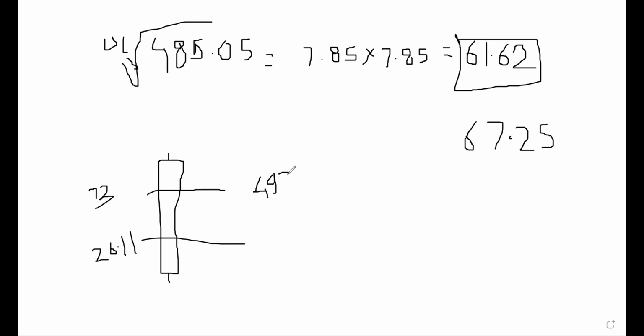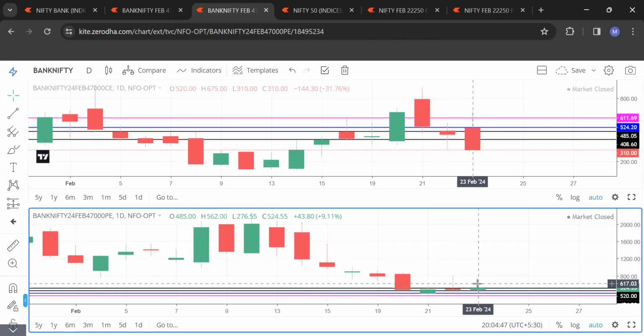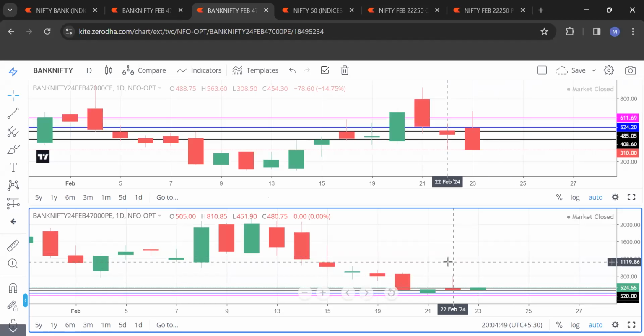Okay, the call is done. Now let's calculate the put. The put high was 100, it never went close to it. So let's see what the range was. Yesterday's range in the put: the high 810.85 minus the low 451.90. The difference is 358.95.